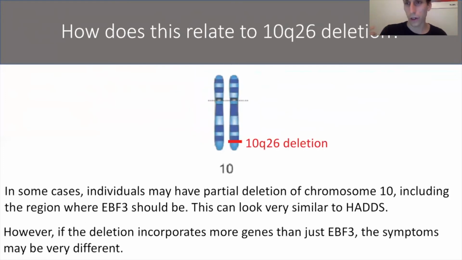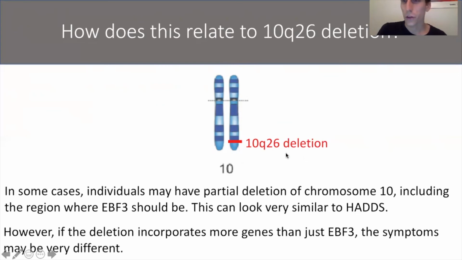You also may have heard of a related syndrome called 10q26 deletion syndrome. EBF3 is on the 10th chromosome, or chromosome 10, and each chromosome has 2 portions. One arm is called the P arm and the other arm is called the Q arm. EBF3 is on the Q arm at the 26th band on chromosome 10.